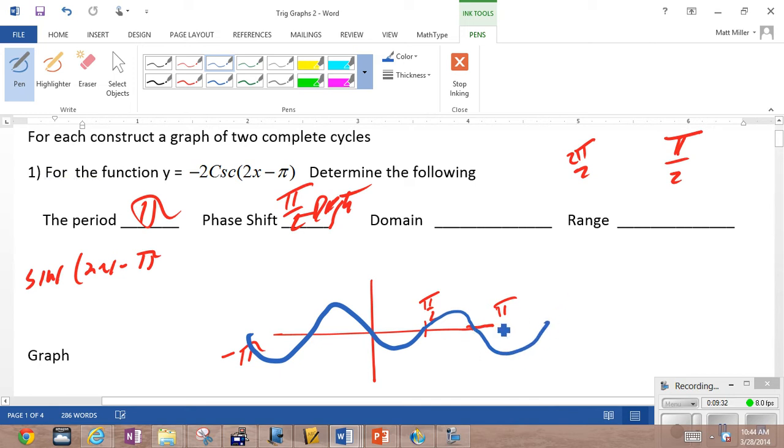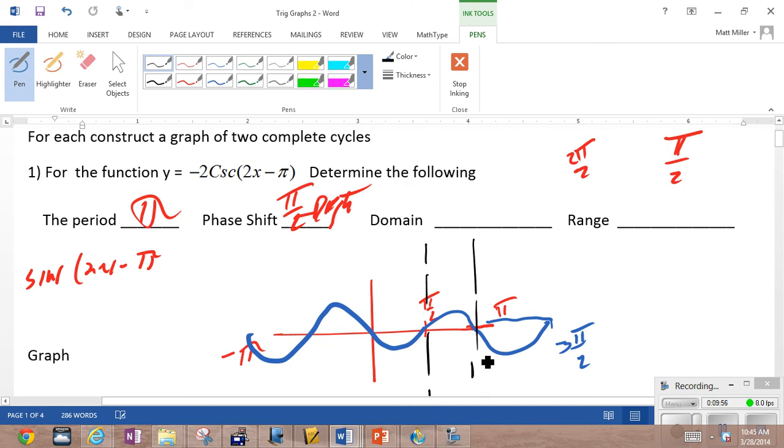So here's one wavelength spanning to pi. This would be down here, 3 pi over 2. Now I've got a negative, so I'm going to build my secant graph from there. My asymptotes are going to be lined up here. Let's put them in black, and here come my asymptotes.